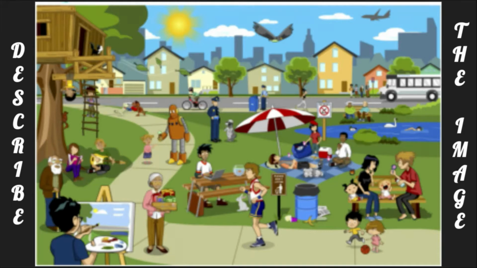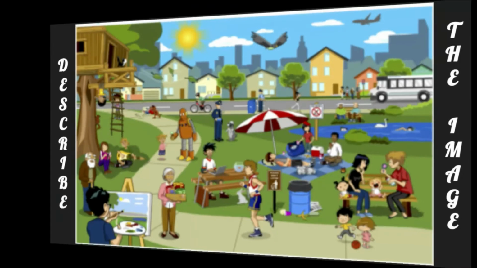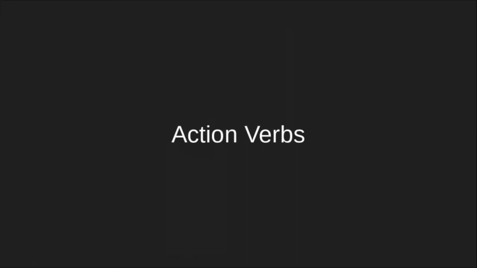That's right. Okay, so just use your chat box to tell us more of what you have written in your own notebook. Action verbs. So, today we are going to be talking about action.